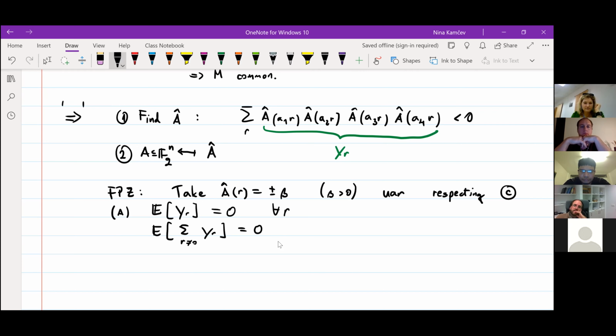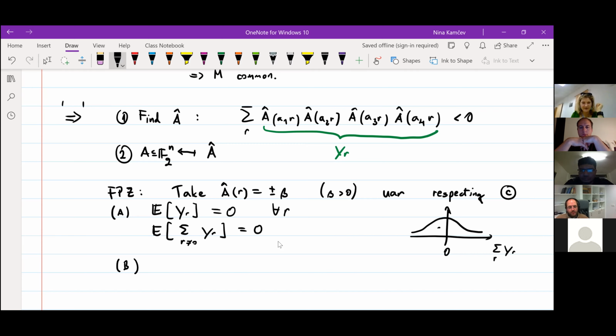So what's the problem we are left with? Well, we have this random variable, which is the sum of YR's, and we know that it's centered at 0. We want to find a negative value, but there's an unknown distribution. It's sufficient to find at least one positive value, and that's what we're going to do.